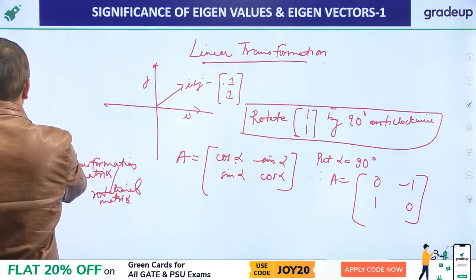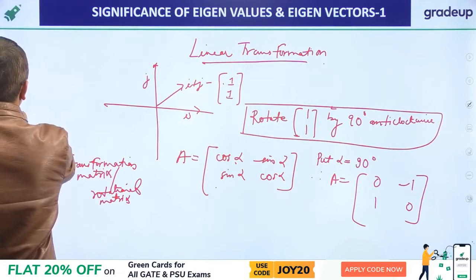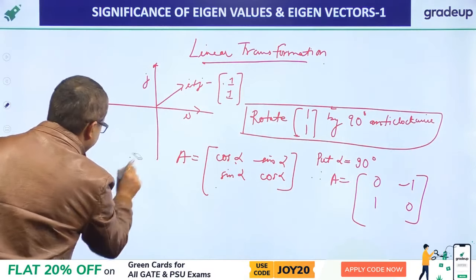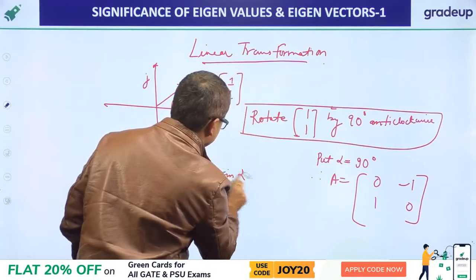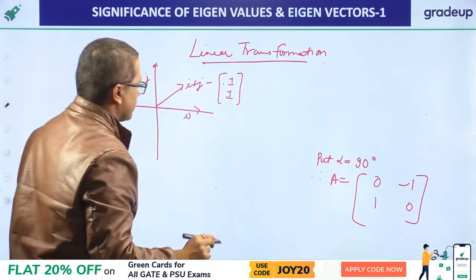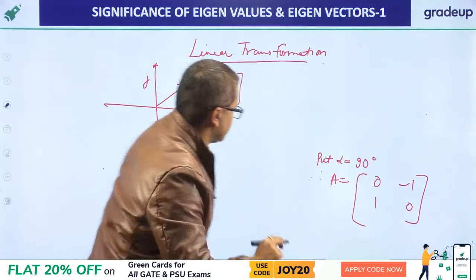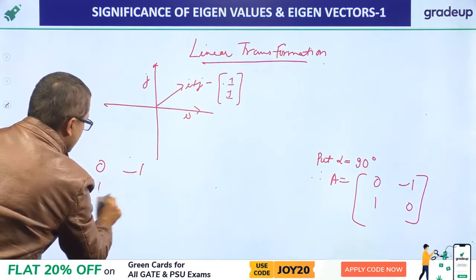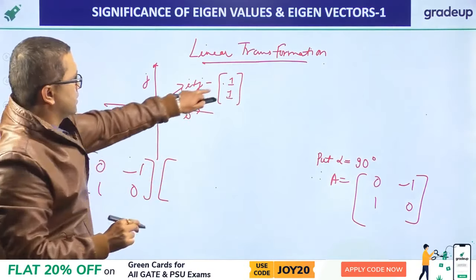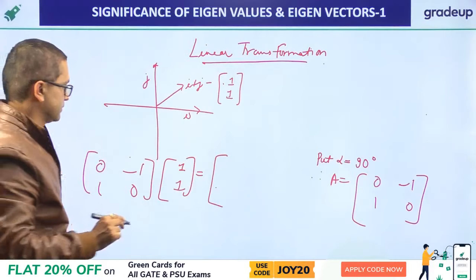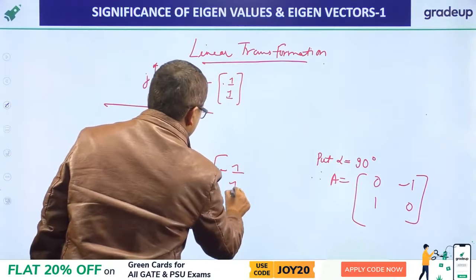Let me now erase it all. Now, if I multiply this matrix A that I have written, 0, minus 1, 1, 0, with this vector 1, 1, what I get is minus 1 and 1.